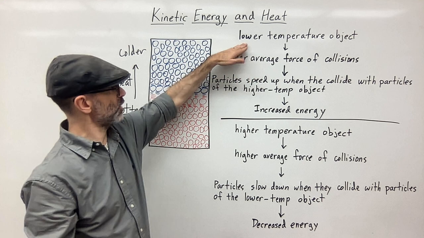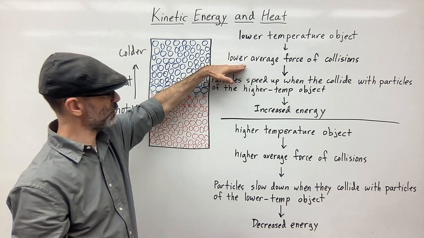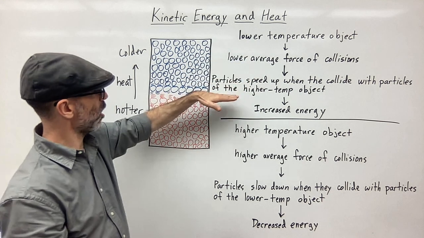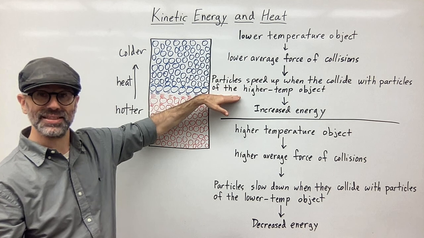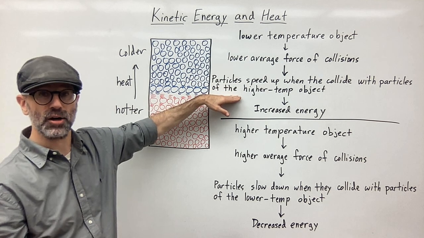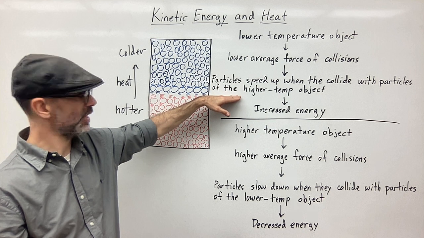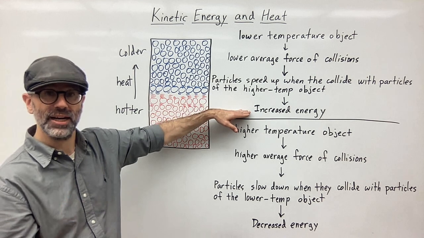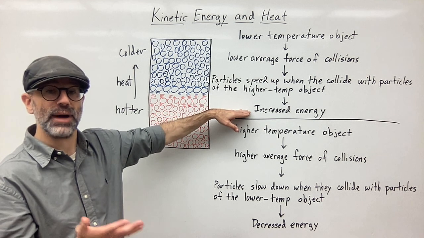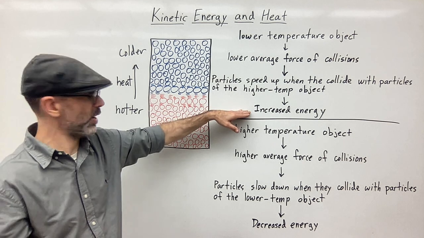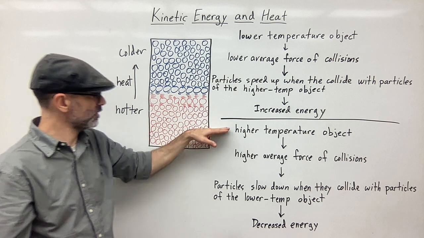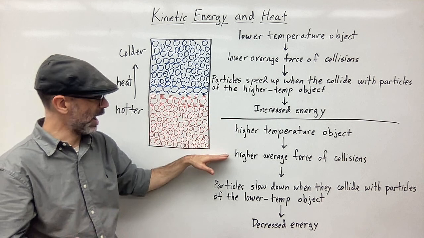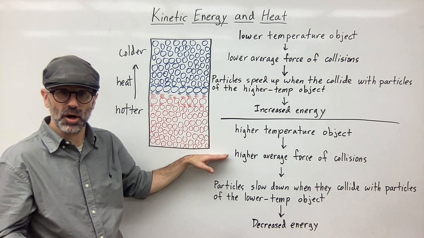So lower temperature object has a lower average force of collisions. Then the particles are going to speed up in this object when they collide with the particles of the higher temperature object. And then they're going to increase their energy. Therefore, their internal kinetic energy is going to be raised and the temperature is going to be raised. The higher temperature object has higher average force of collisions in their particles.